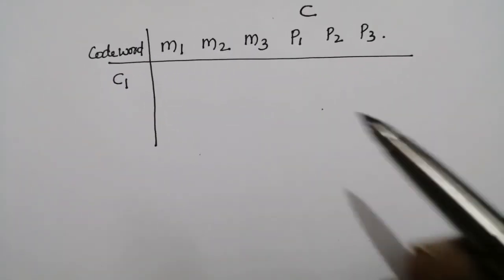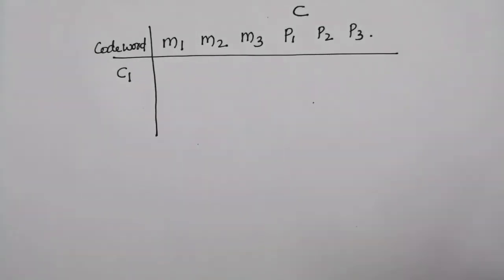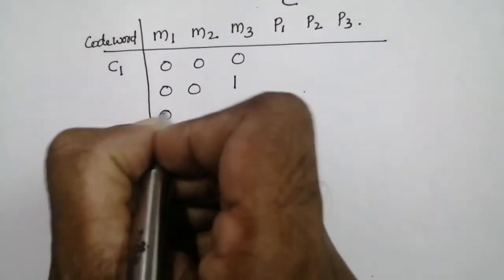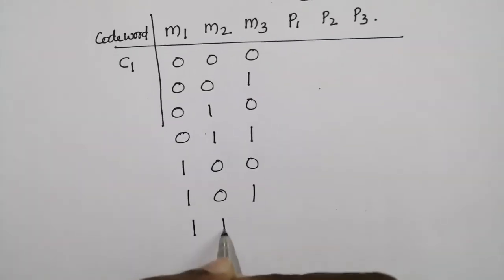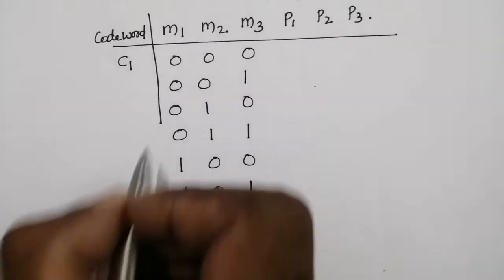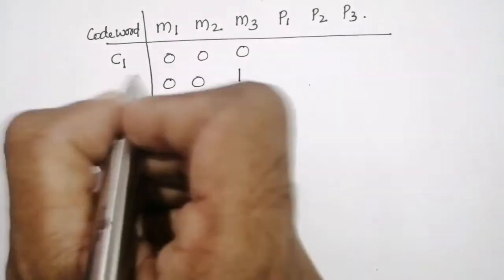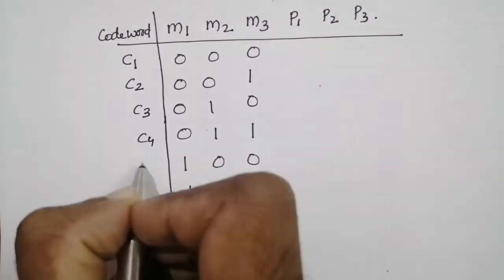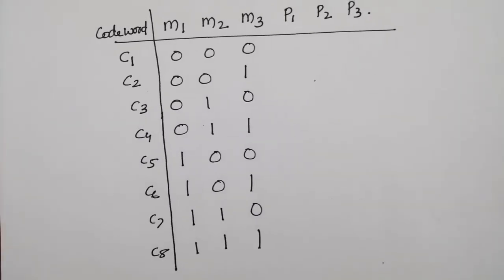Since there are 8 combinations of message bits, we can have 8 code words. So starting from 0, 0, 0, 0, 0, 1, 0, 1, 0, 0, 1, 1, 1, 0, 0, 1, 0, 1, 1, 1, 0, 1, 1, 1. So total 8 code words are there. I will designate these as C1, C2, C3, C4, C5, C6, C7, C8.